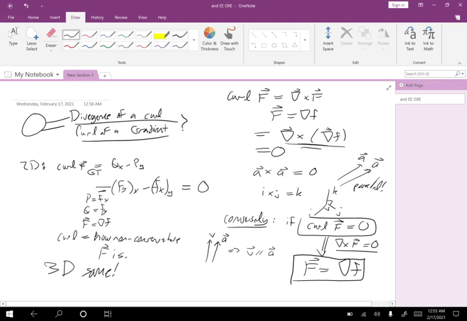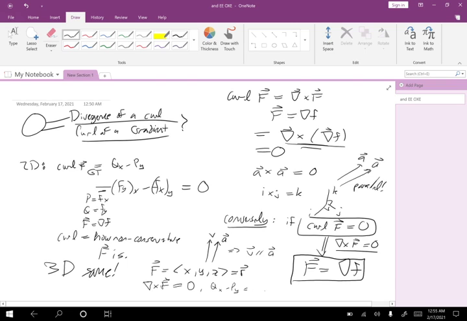So, for example, let's take just a standard position vector. So in fact, the curl of this thing is 0. Like, for example, we could do the qx minus py.